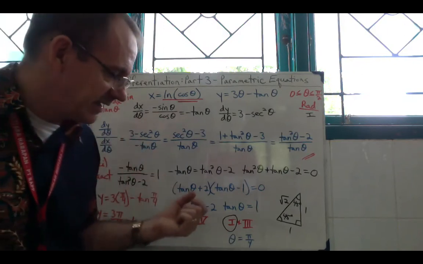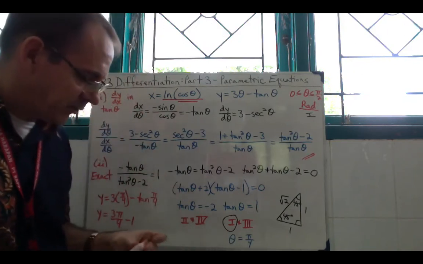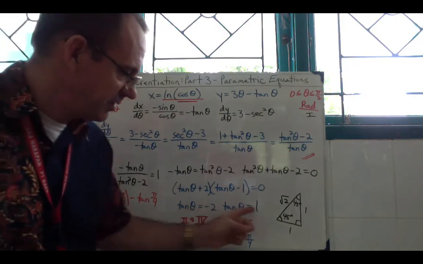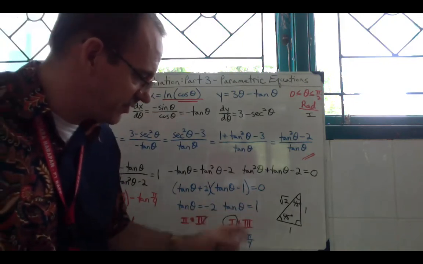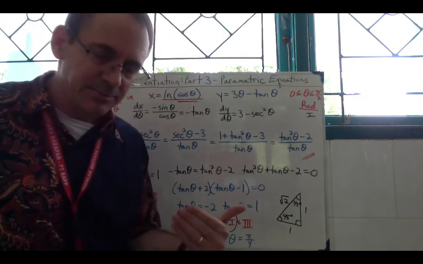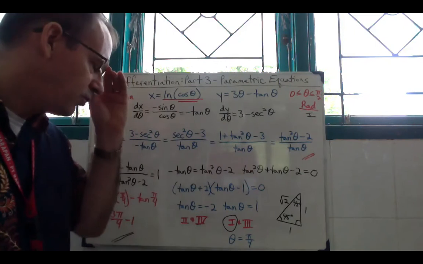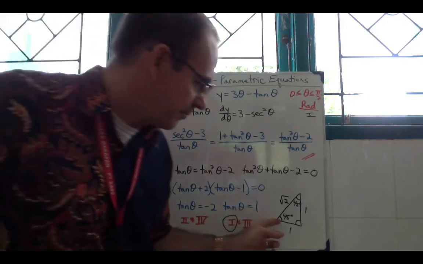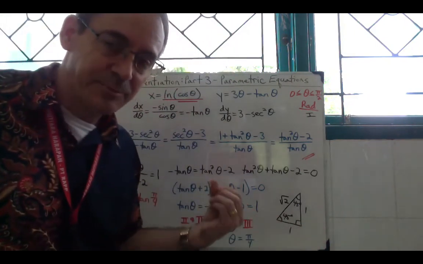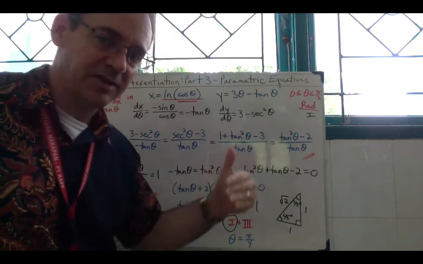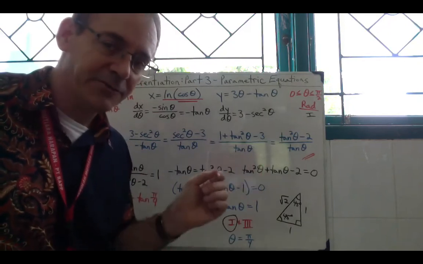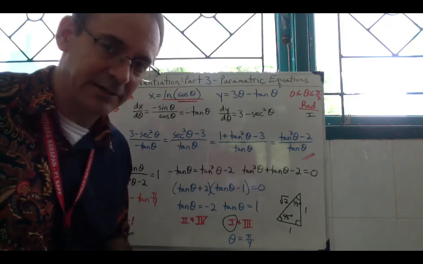Now it says exact value, so if you do the inverse tangent of 1 in your calculator, it's probably going to give you a decimal value. So what you want to do is draw up your special triangles, your 30, 60, 90 right triangle and your 45, 45, 90 right triangle.